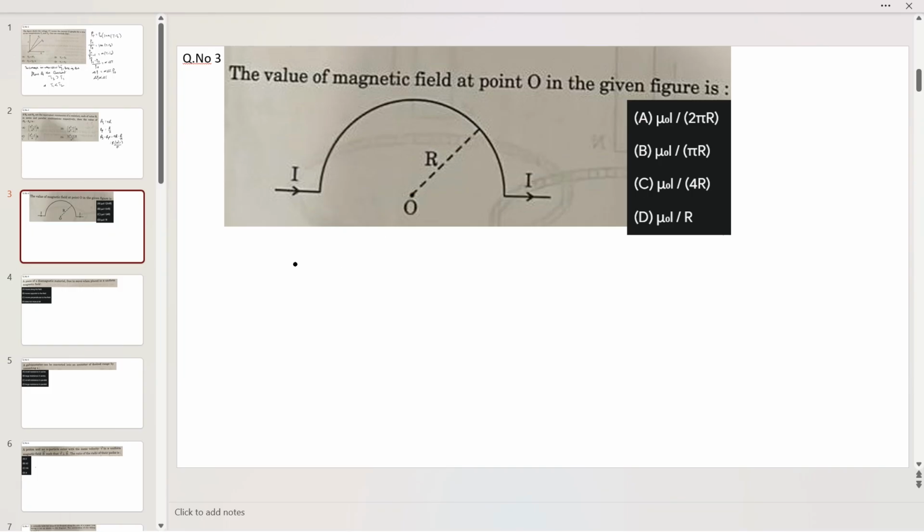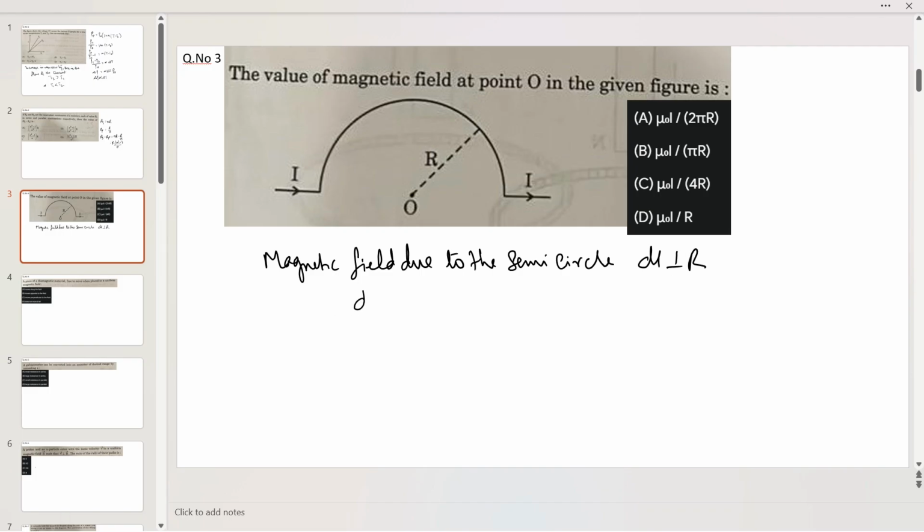So here, magnetic field due to the semicircle. Here you see that your dl is perpendicular to r, so sine 90 degree.